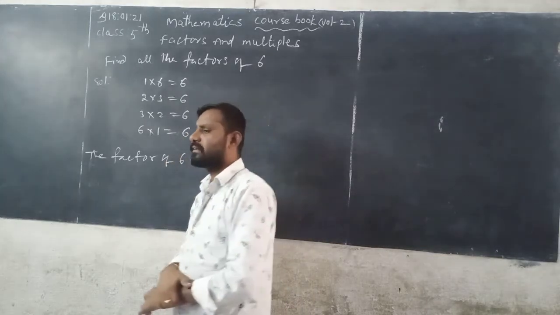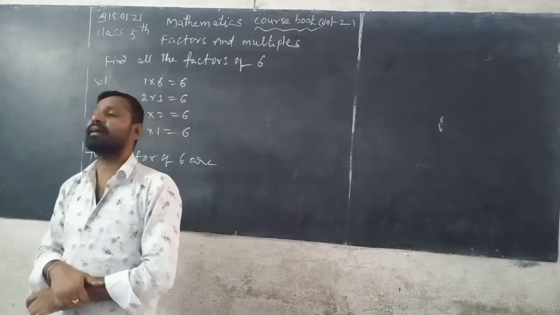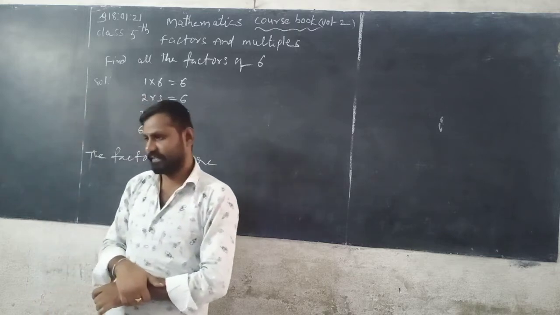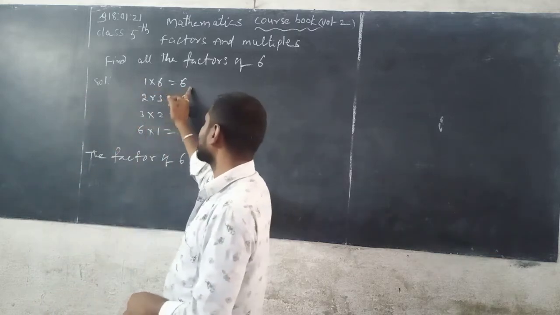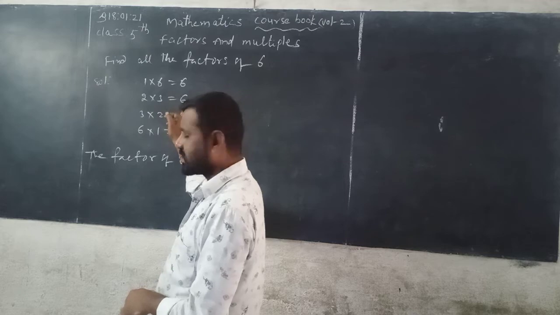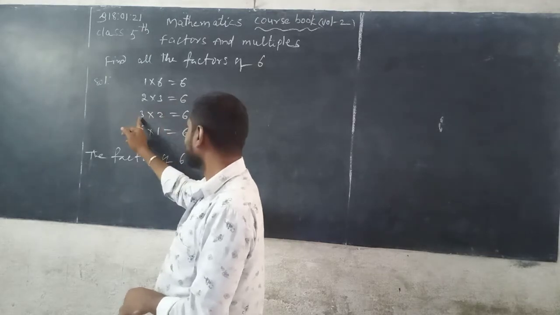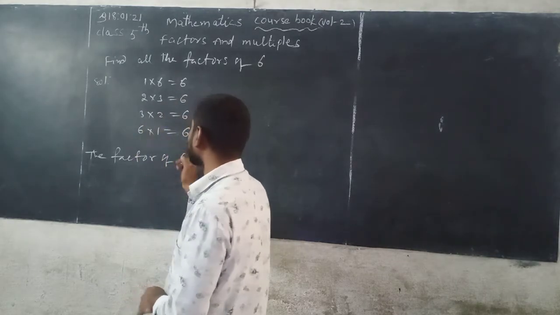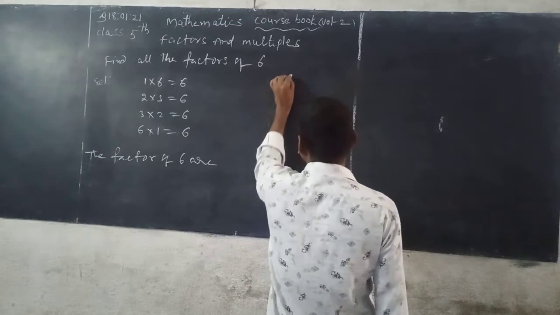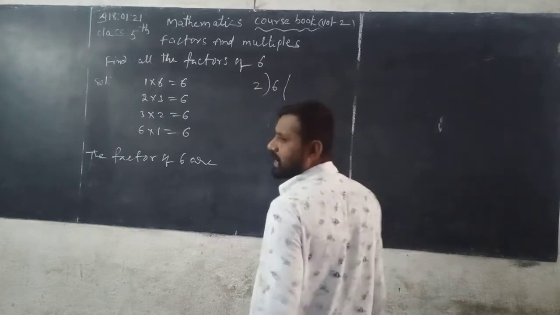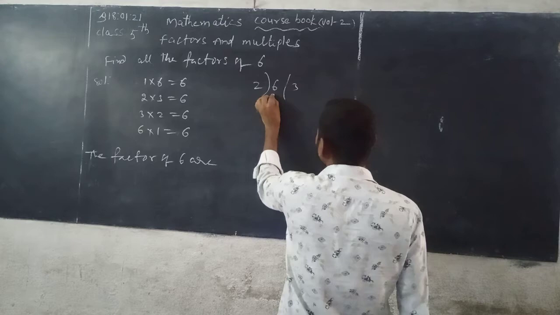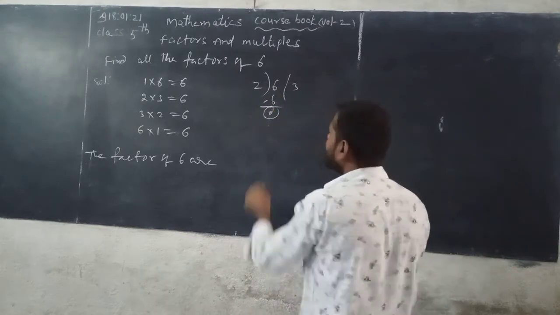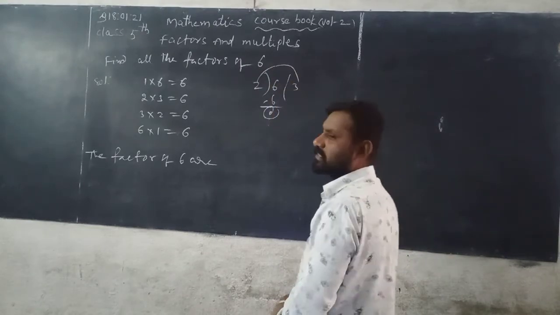The numbers that are multiplied are called factors. See here, 1 6 is 6, 2 3s are 6. Look at the blackboard. 3 2s are 6, 6 1s are 6. So 6 is taken as the dividend and 2 is taken as the divisor. 2 3s are 6, 6 minus 6 is 0. Then 2 and 3 are called factors of that number.